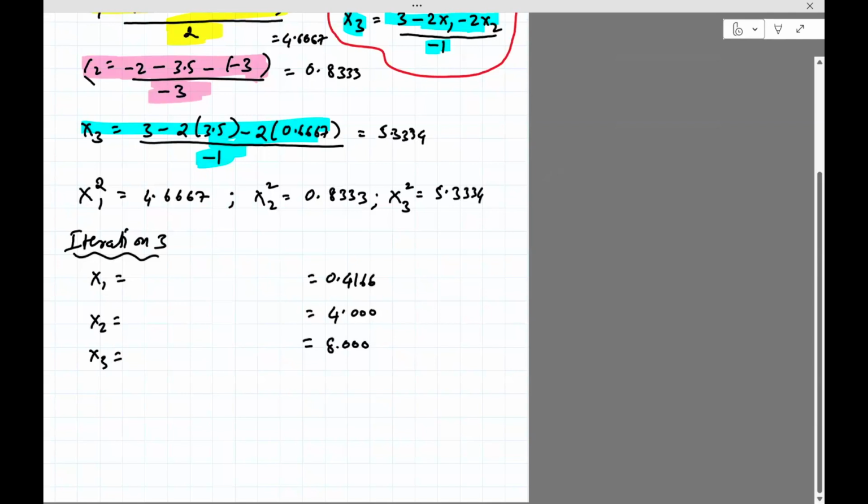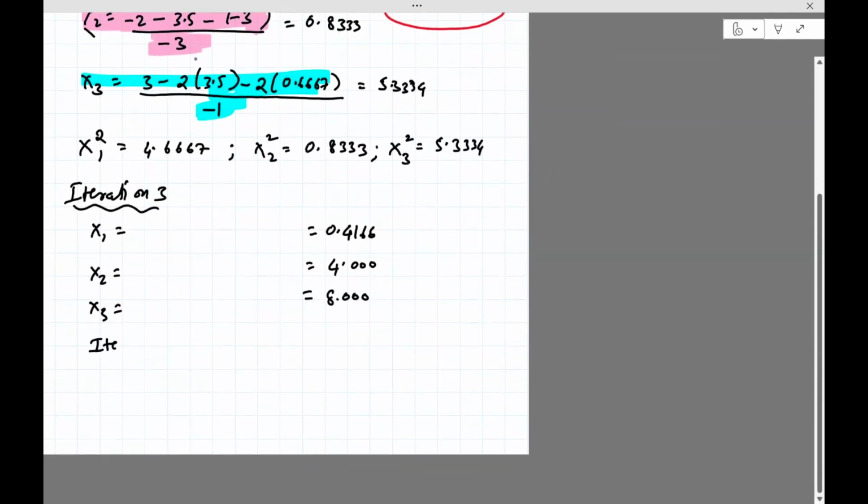Okay, so this is what I got. I'm just summarizing all these answers in a table. Iteration 1, we found x1 was 3.5. Iteration 2, this was 4.6667. Iteration 3, it was 0.4167.